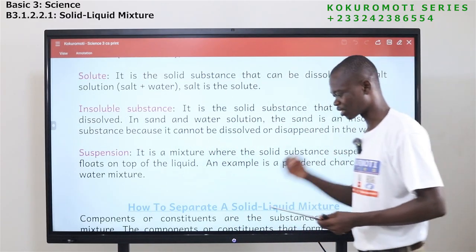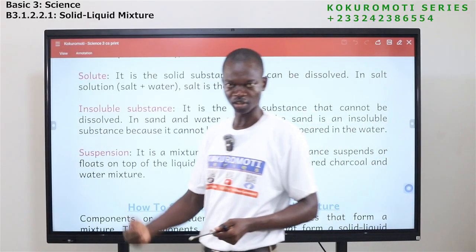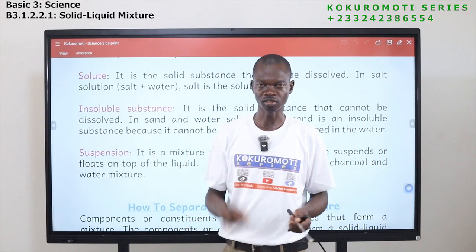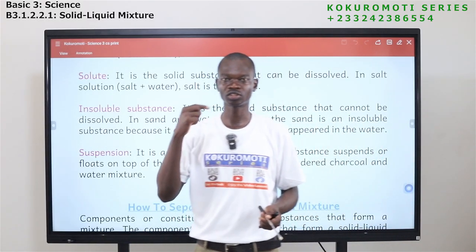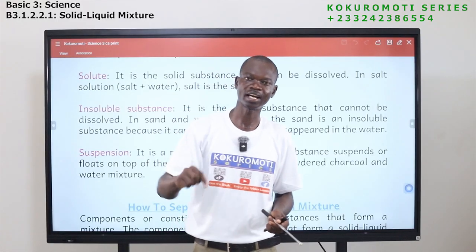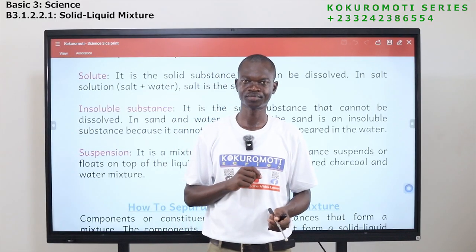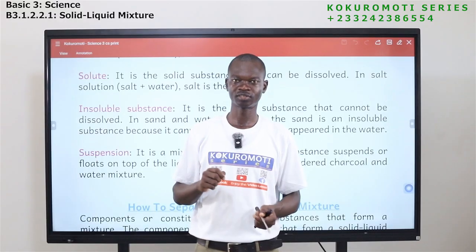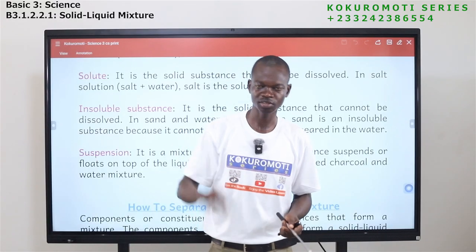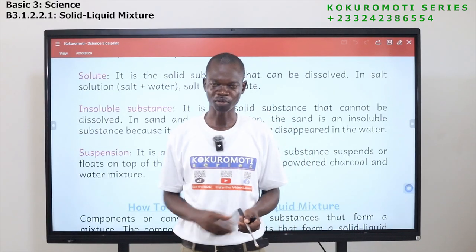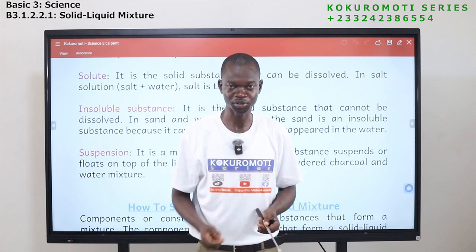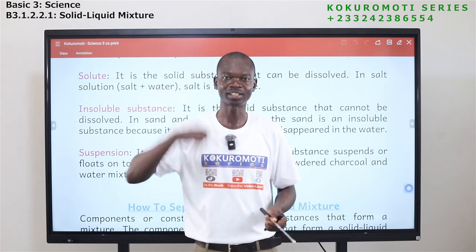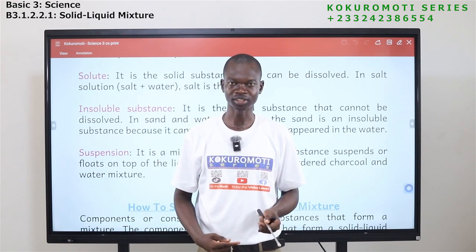So any solid substance that can be dissolved is called what? Solute. So if you have sugar, you put sugar in water. Later on, you will come and see that the sugar is no more in the water. You can't see it with your eyes. It means it has been what? Dissolved by the water.